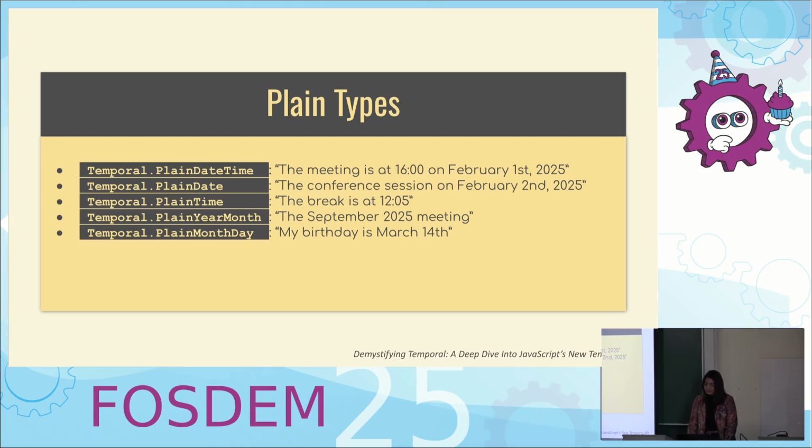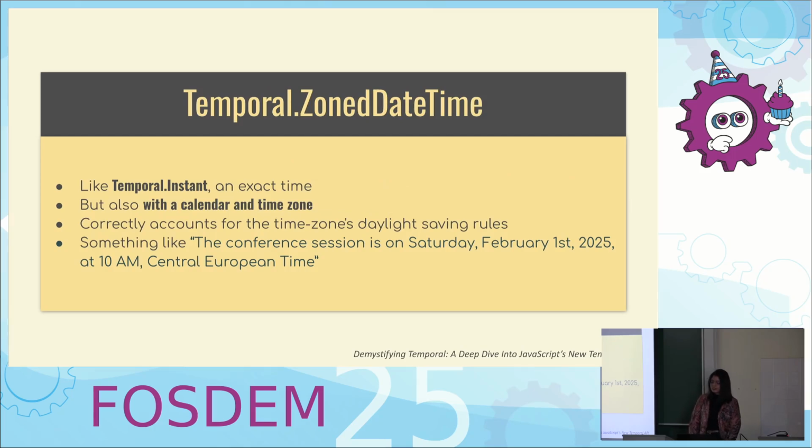Okay. Next up, this completes the types of Temporal which represent the date and time. This is Temporal.ZonedDateTime. It is like Temporal.Instant. It is an exact time, but it also has a calendar and time zone. So it follows the DST rules, and it also has a day, month, and a year. Okay.